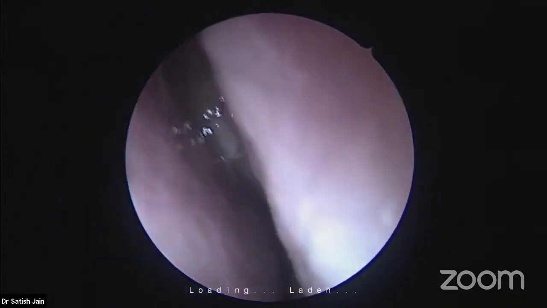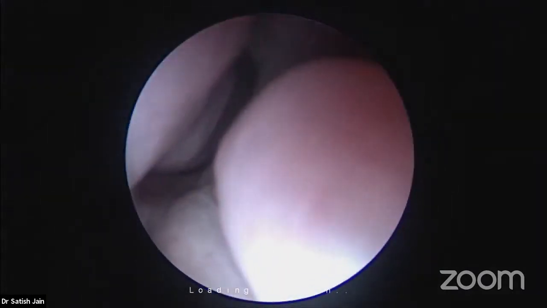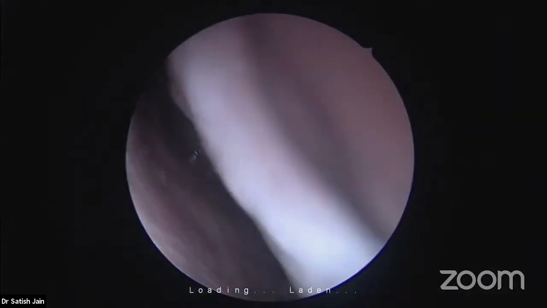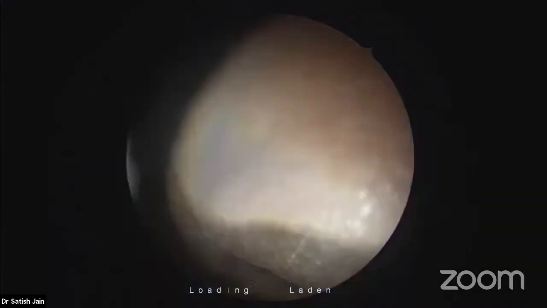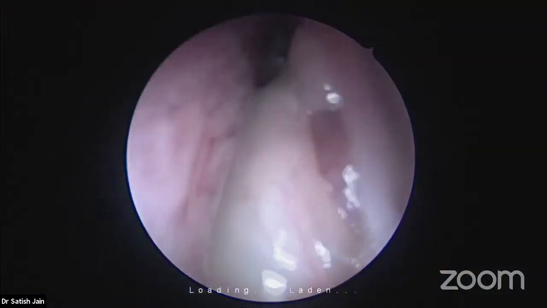This is an unprepared nose. Can you see? See, no decongestion has been done so far. Unprepared. And what you see there are the polyps. Can you see?